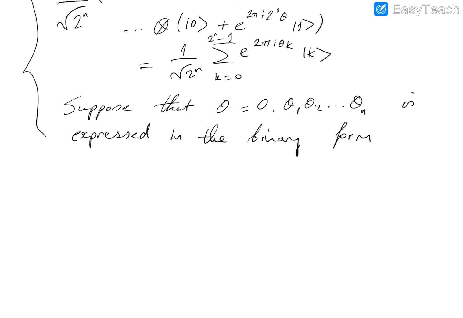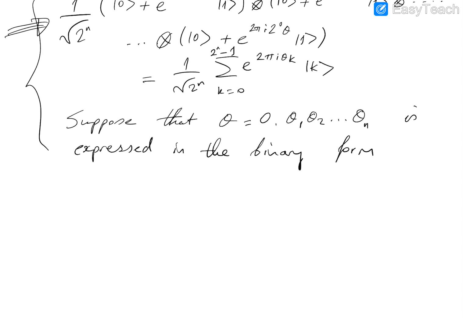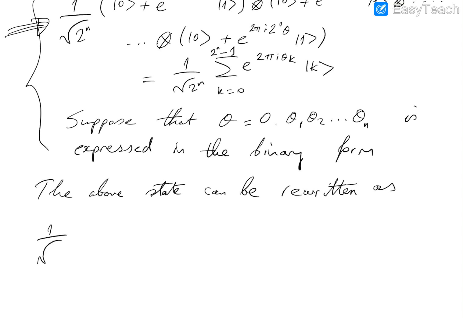Okay, so furthermore, if theta is represented in binary form, then the state above can be rewritten as 1 over square root of 2 to the n, ket 0 plus e to the 2 pi i 0 point theta n ket 1.